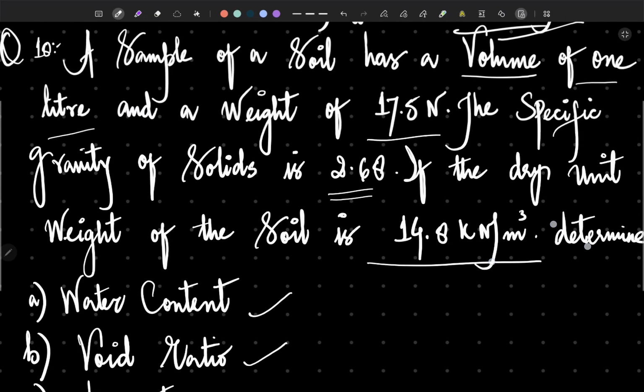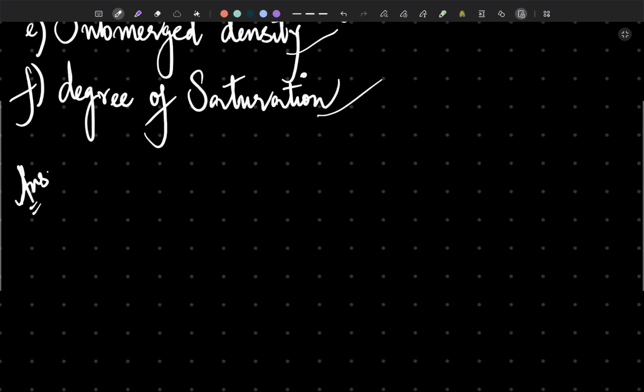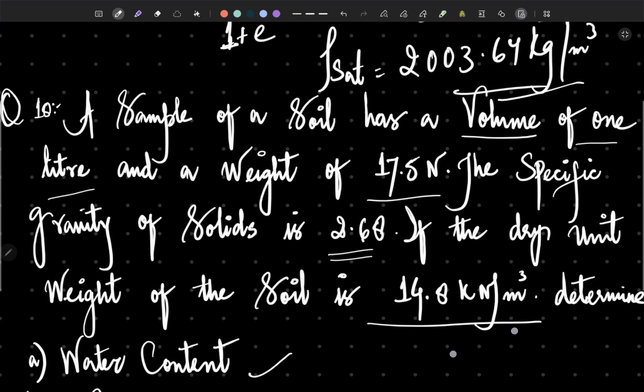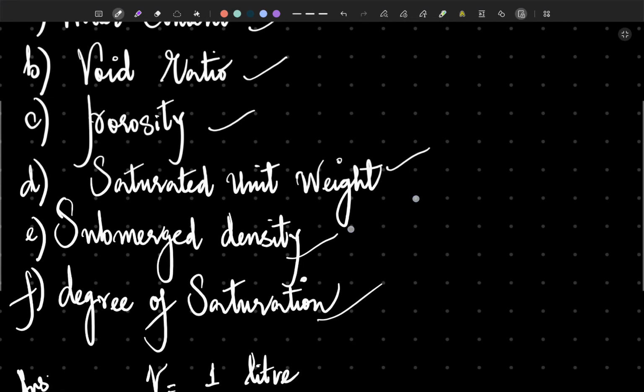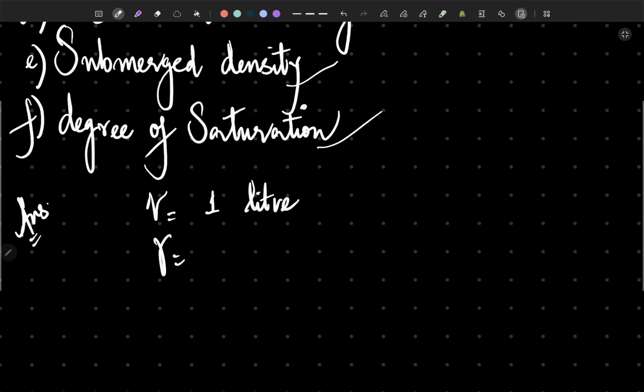A sample of a soil has a volume of 1 liter and a weight of 17.5 Newton. Bulk unit weight, how much?